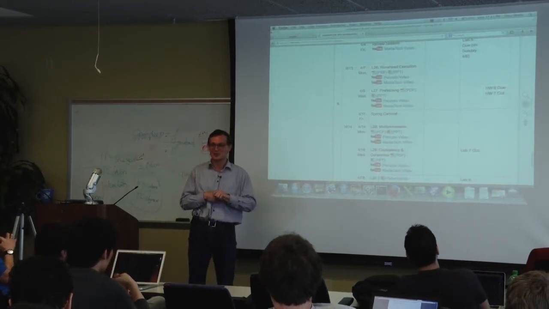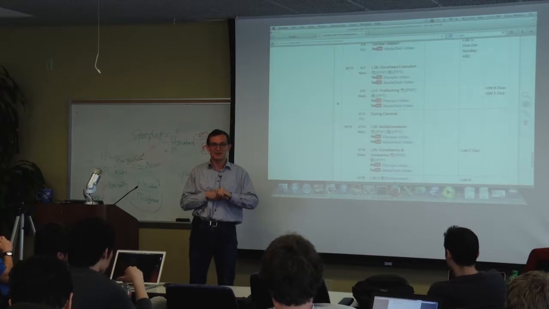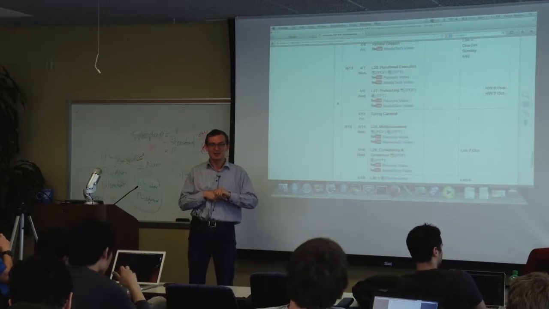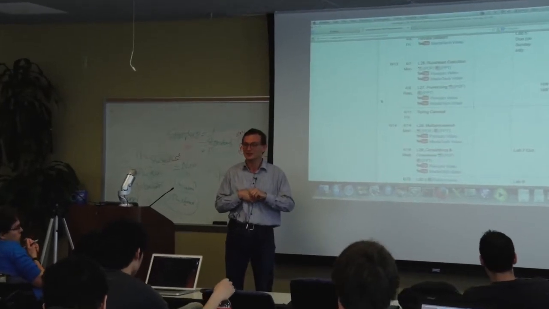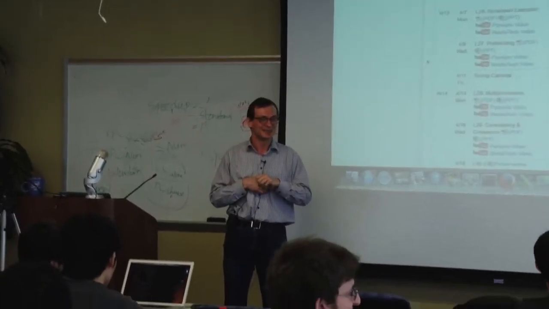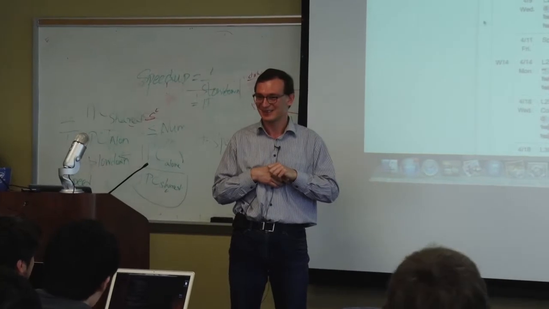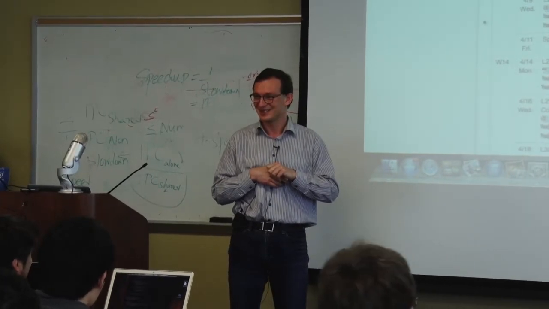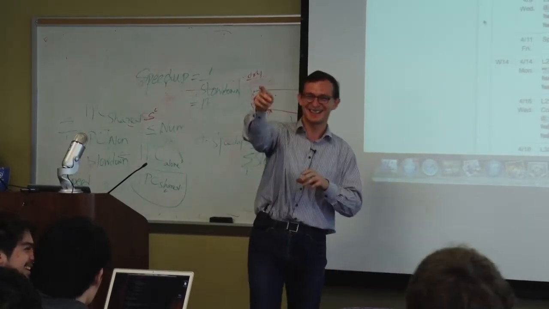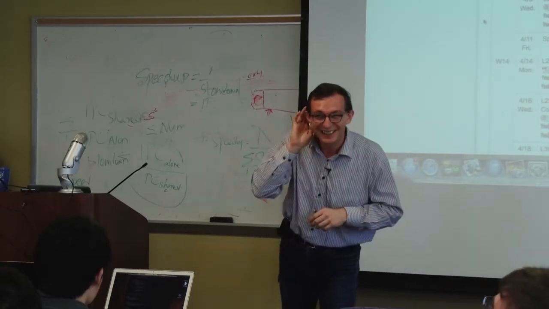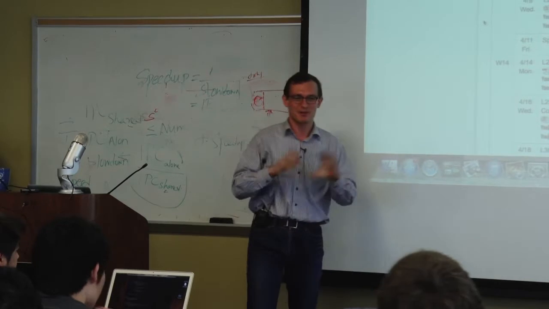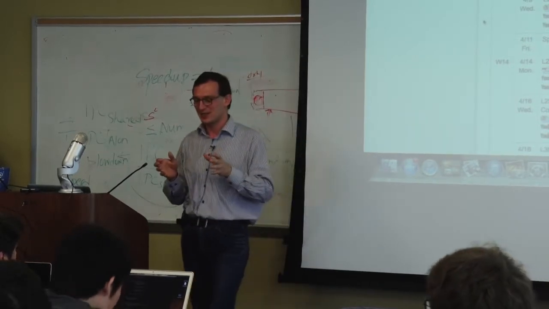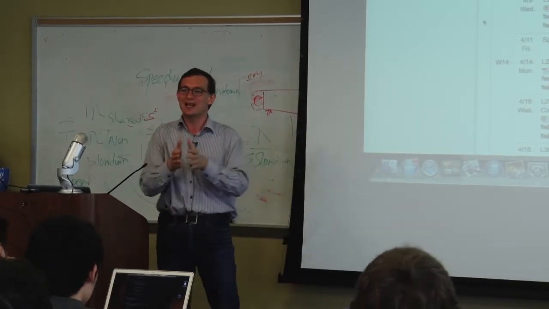So if I ask you what kind of cache misses can a Markov prefetcher not prefetch for, what would you tell me? Compulsory misses. Yes, exactly. So remember, Markov prefetcher, it's correlated between different addresses.